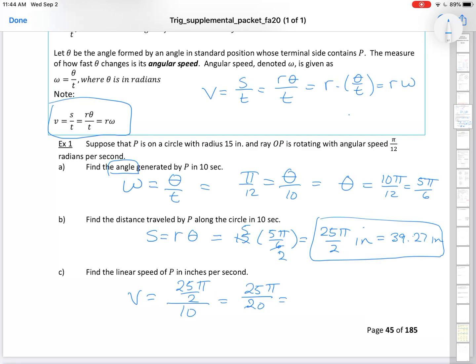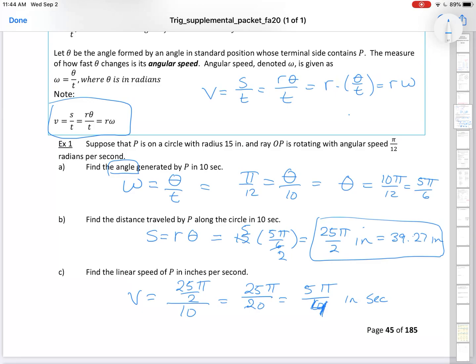And so what is that? That is 5 pi over 4 inches per second. Okay, so again, that's 25 pi divided by 2 divided by 10.